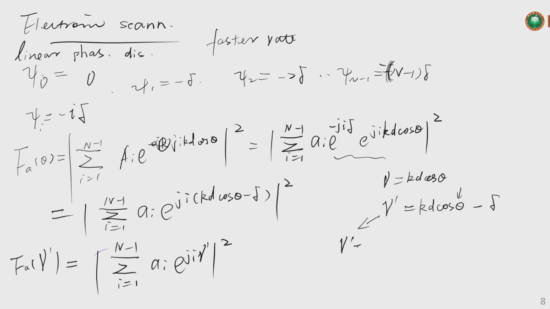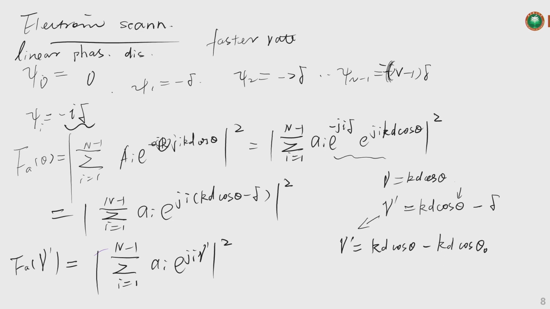So we want to express theta 0 as k d cosine theta 0, because theta 0 is related to the geometric structure of the array. So it is a constant.